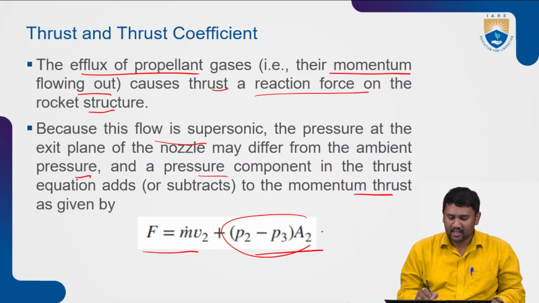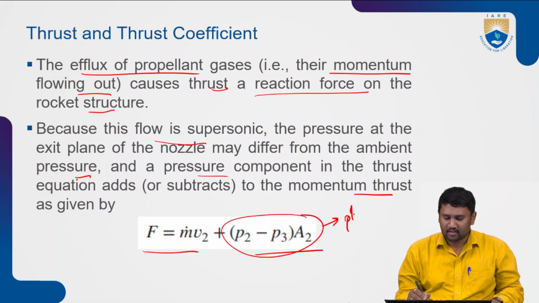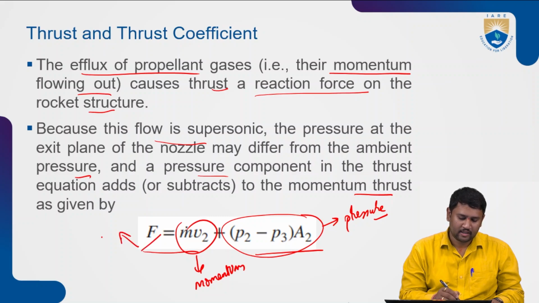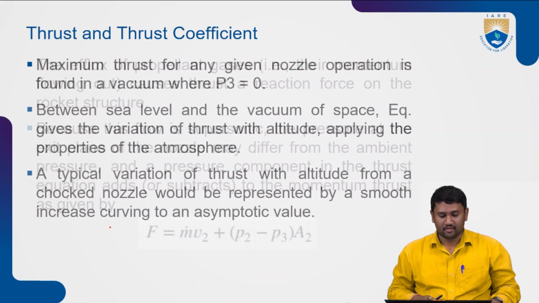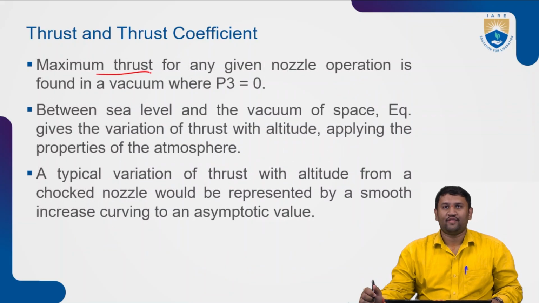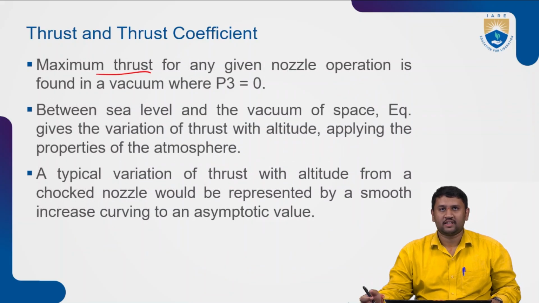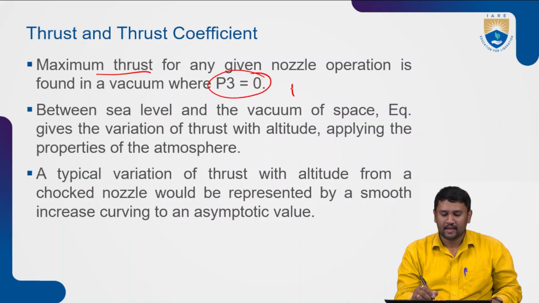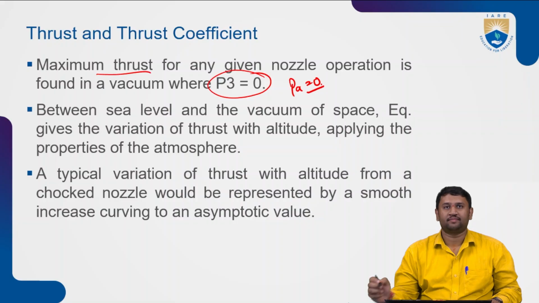This is my pressure component, this is with respect to my momentum, and F will be my thrust. Now, the maximum thrust of any given nozzle operation is to be found where P3 equals 0, that is, P ambient equals 0, right?